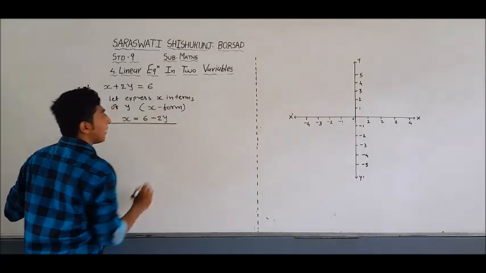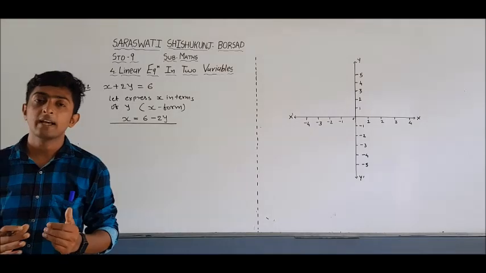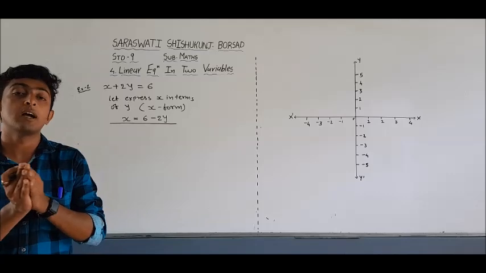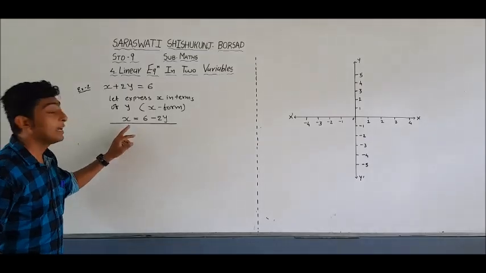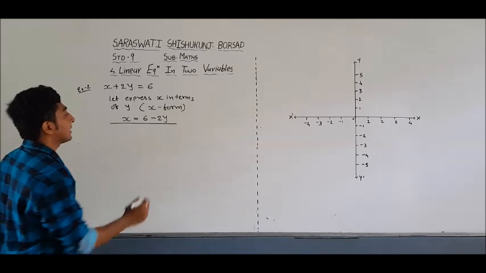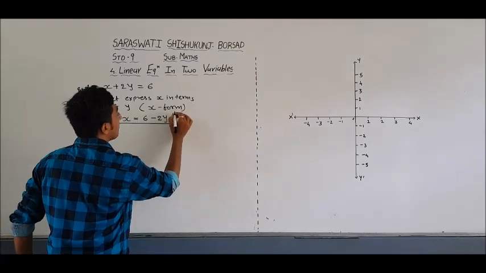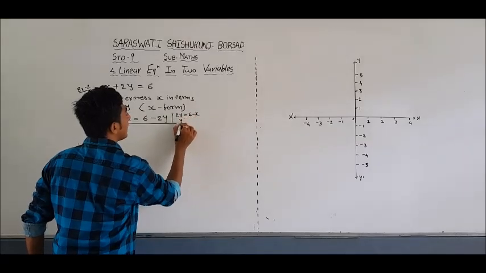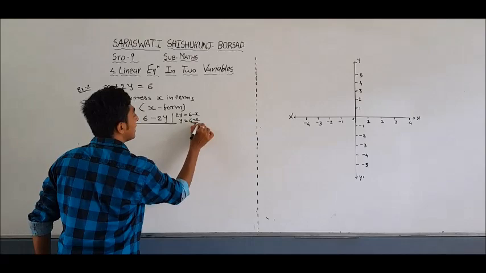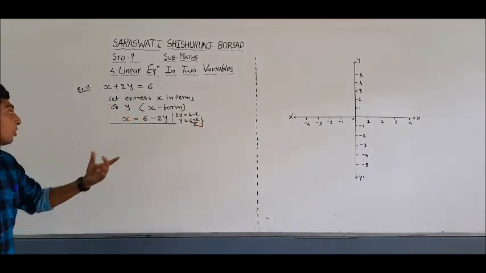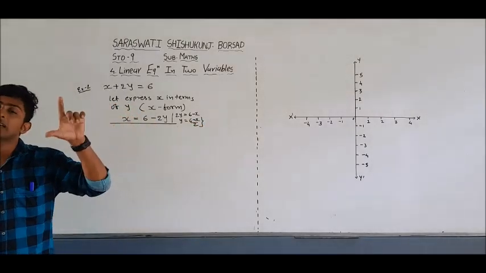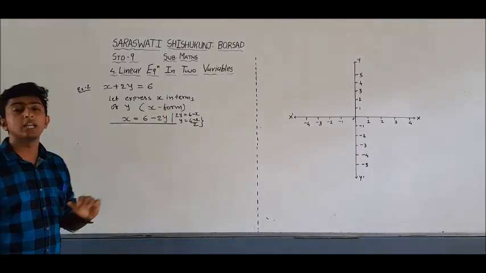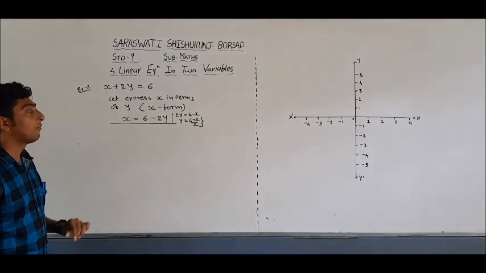Whenever you are asked in the exam to find the x form or the y form of the given equation, this is the way to find it. Let us discuss the y form. 2y equal to 6 minus x, so y equal to (6 minus x) divided by 2. So this is the y form. Both forms we have discussed here. This will be asked in the exam for 1 mark, as a multiple choice question or in fill in the blank. So this is our first step.